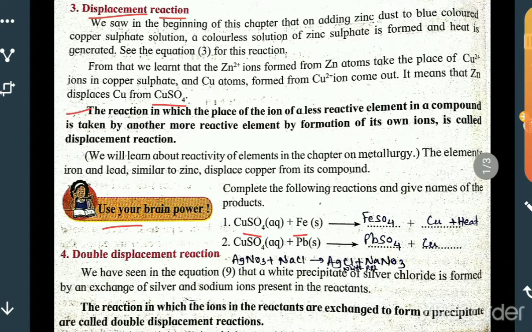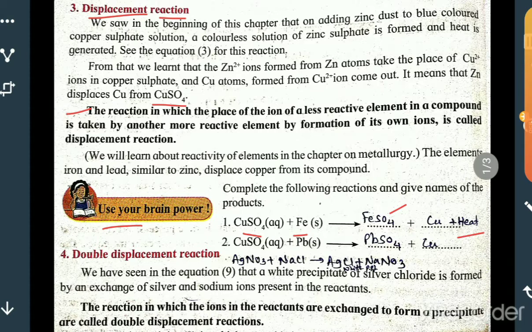When this iron reacts with copper sulfate solution, it gives ferrous sulfate, that is iron sulfate, FeSO4, plus copper, and some amount of heat is released. This is the reaction. I have completed it here. You can write it in your notebook.